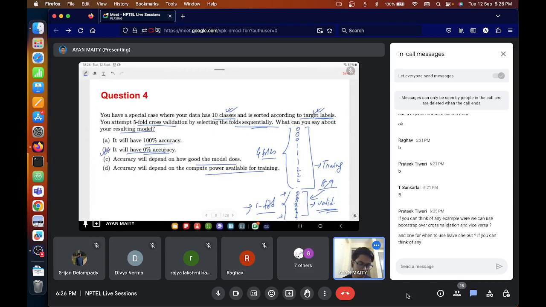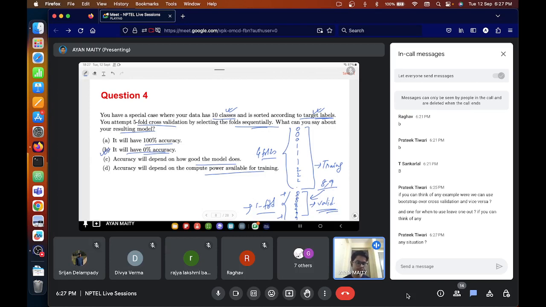Pratik is asking if you can think of any example where we can use bootstrap over cross validation and vice versa, and one for when to use leave one out. I couldn't understand the question about bootstrap over cross validation.